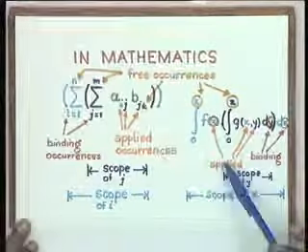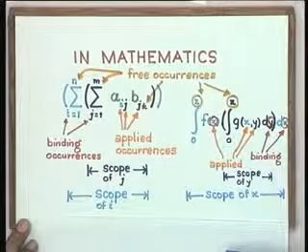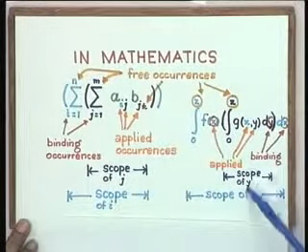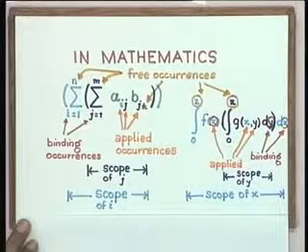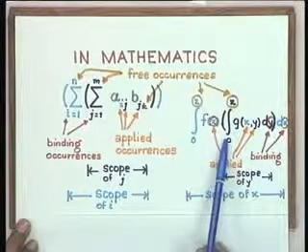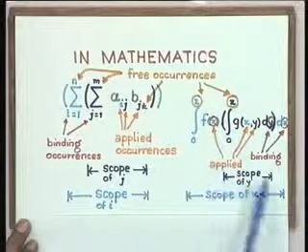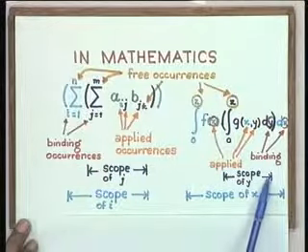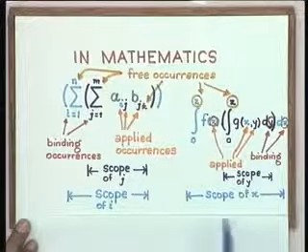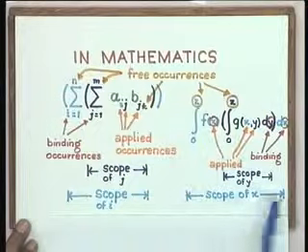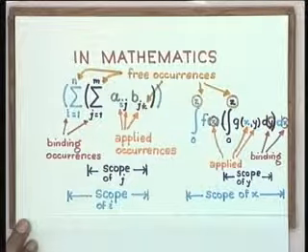So similarly in the case of this double integral, the scope of y is in the dark blue region. It starts essentially from this integral symbol and goes right up to where the binding occurrence is, and the scope of x starts from this integral and goes right up to the binding occurrence.